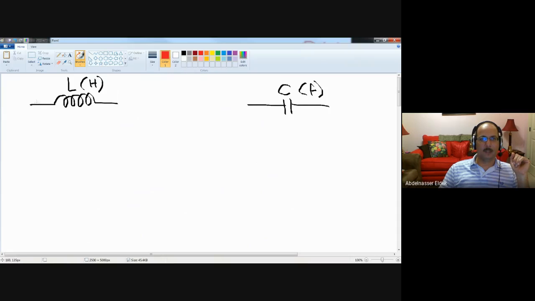If we have a current I in the inductor, and the same in the capacitor, then we'll have a voltage V across the inductor and the same for the capacitor. We can add a note: VC is the voltage across the capacitor, IC is the current in the capacitor, IL is the current in the inductor, and VL is the voltage across the inductor.